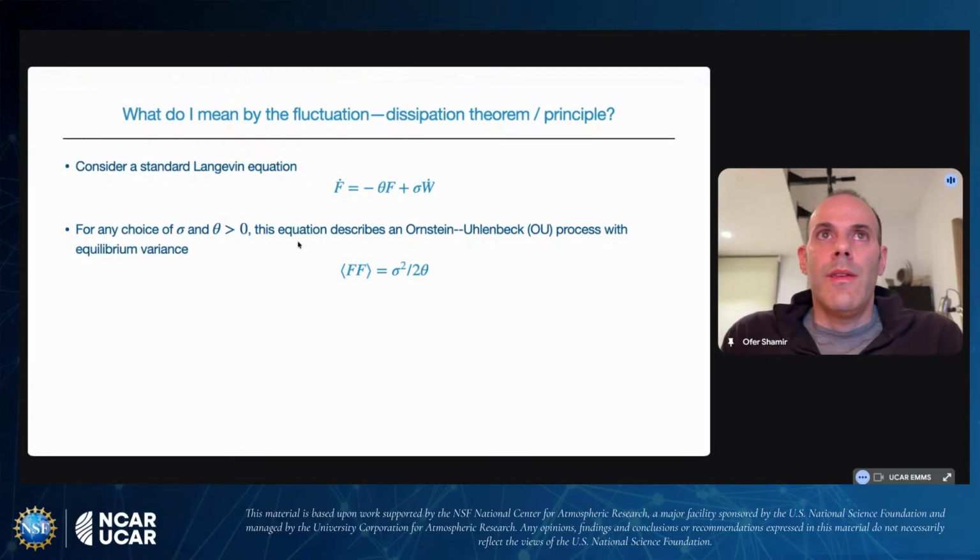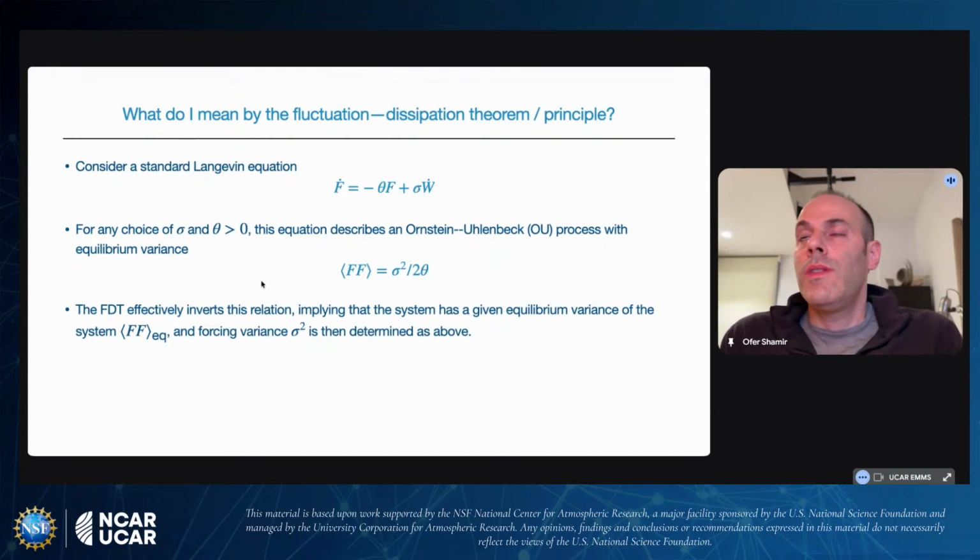And the fluctuation dissipation principle physically says that this equality has directionality, such that the equilibrium variance of the system is given, and then the noise of the system is determined accordingly by the dissipation. So that's why we say that the system's noise is directly related to the system's tendency to reject perturbations.